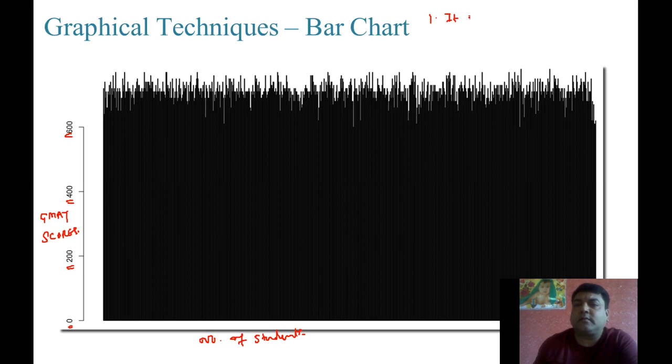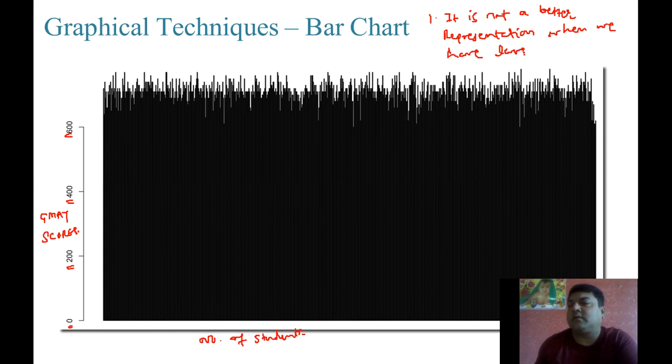So if you see, when we plot a bar plot, first of all, it is not a better representation when we have a larger data set, because 773 observations are just too many for a bar plot.